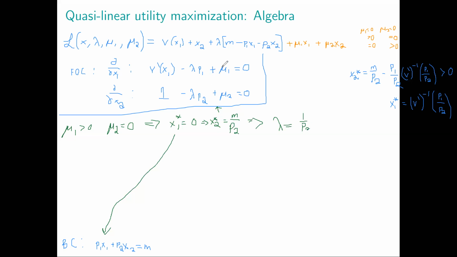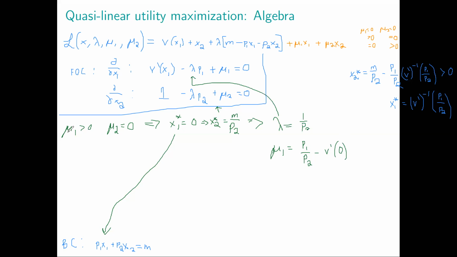And similarly, we'll also get an expression for mu1, right? So we can plug this into here, and then we get mu1 is equal to p1 over p2 minus v prime of 0.